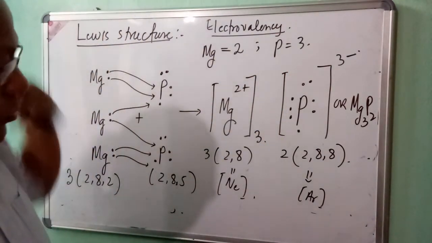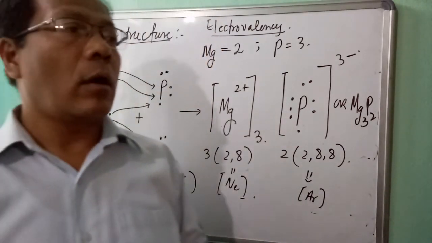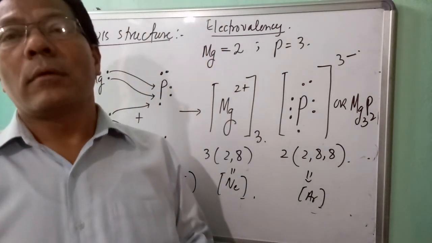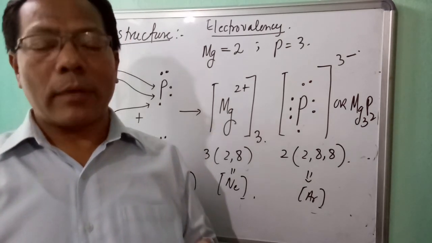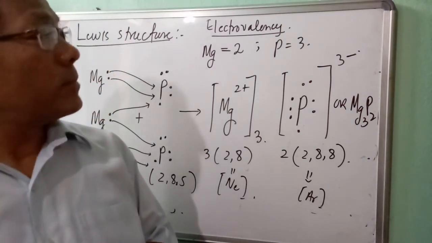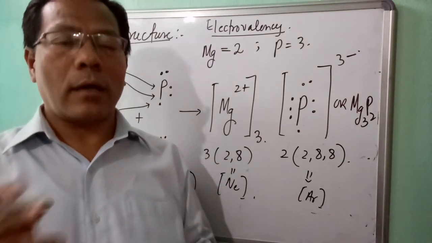So from this example, we know how to write the Lewis structure of an ionic compound formed by the combination of these metal and non-metal elements.